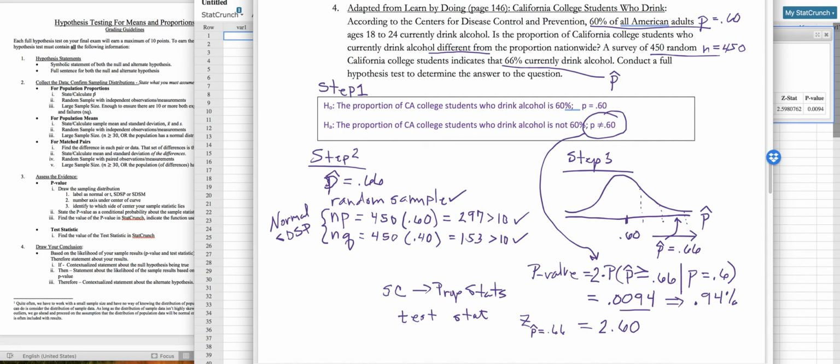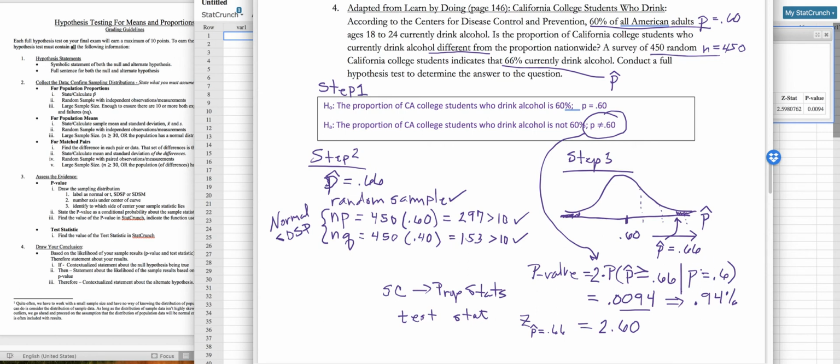And then my p-value is this shaded area plus this shaded area over here because of this whole not equals business. But both of those things, this tiny, tiny p-value and this z-score telling us that our p-hat value is very far from center, both of those things are telling us that our sample results are extremely unlikely when p equals 0.6.